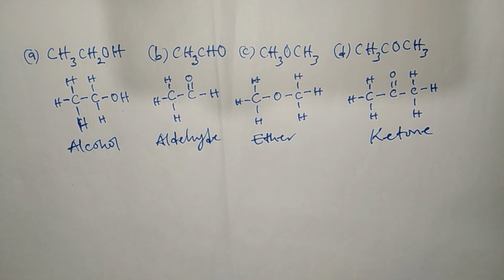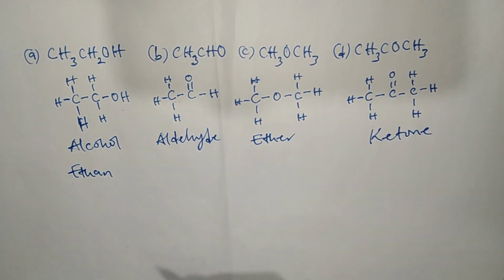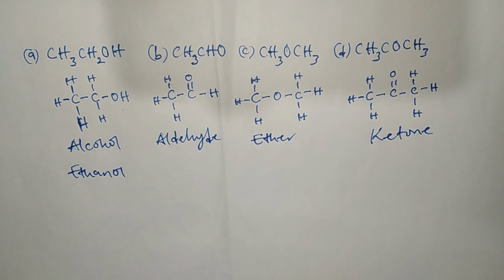Now, to name these 4 compounds, for the first one, using the alkane series, we know that a 2 carbon chain is referred to as ethane. But when you are naming alcohols, you put ethane, then you take away that E and add OL, so it becomes ethanol.